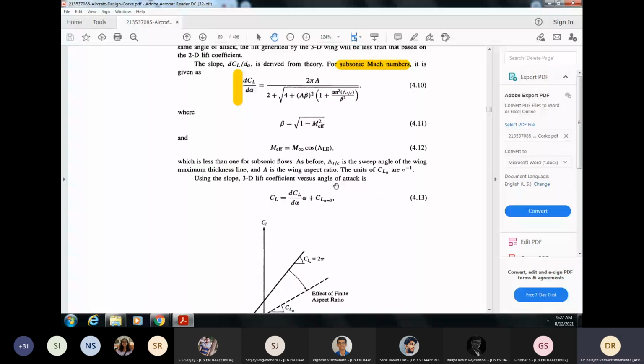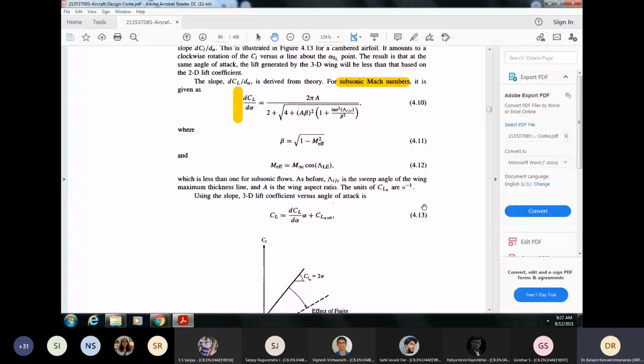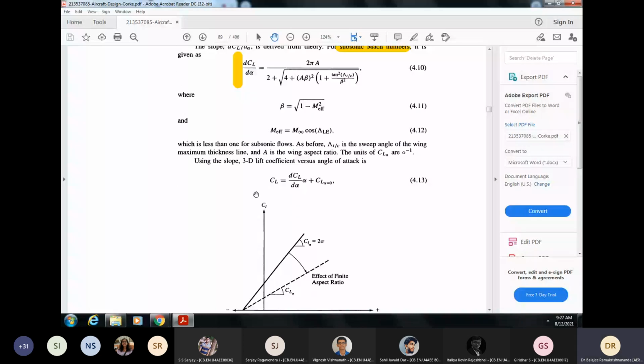The units of CL alpha, dCL by d alpha, which you get here, will be per degree. This is empirically derived, so it won't be in radians. Using this slope, you can calculate the CL at whatever alpha you want: CL at alpha is CL at alpha 0 plus dCL by d alpha times alpha.